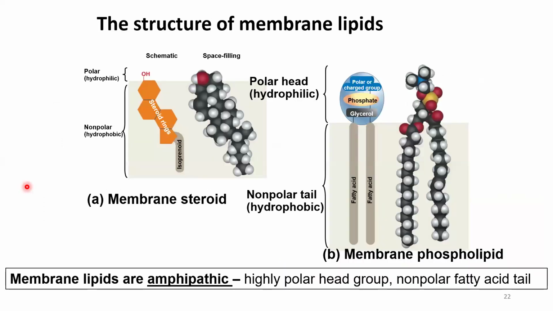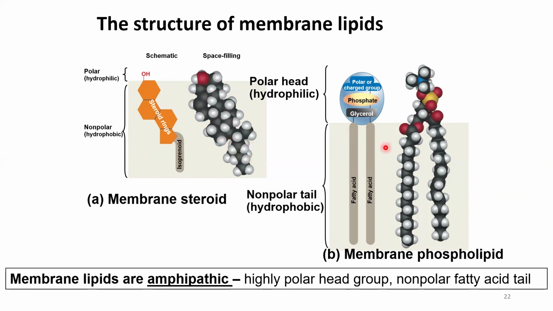So when we look at the structure of membrane lipids, we have a membrane steroid or a membrane phospholipid. Some of them are in this hydrophobic area where they go in towards the membrane itself and keep the polar hydrophilic sides outside. And it looks like this, where it's space filling.